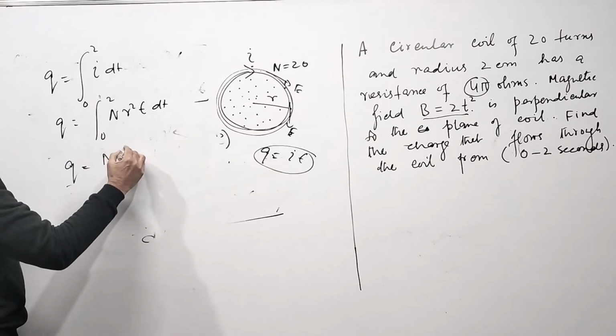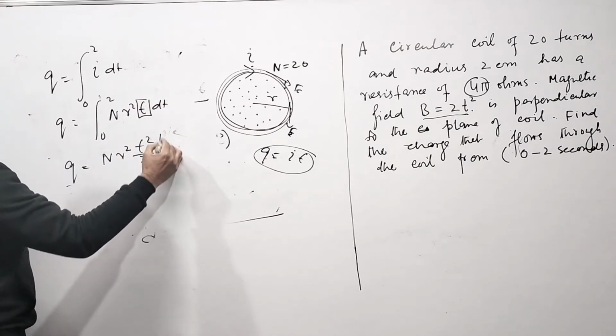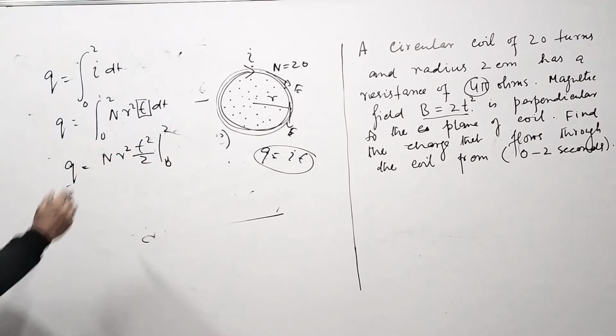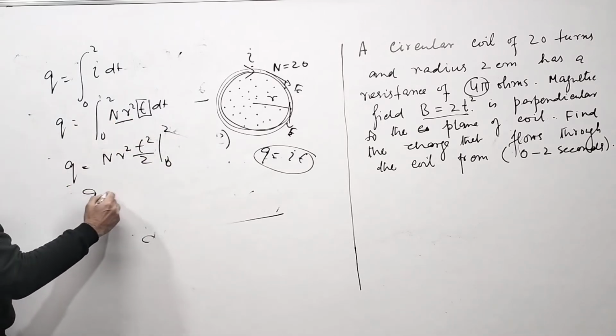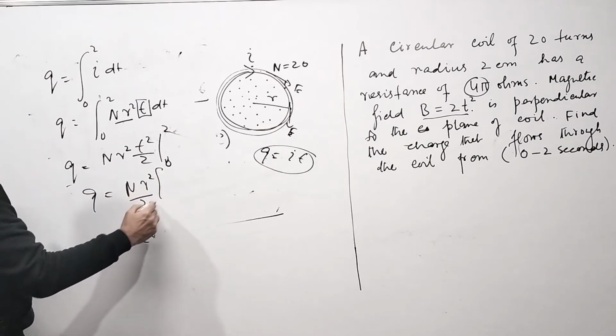N and R square come out, the integration of t will be t square by 2, from 0 to 2, because constants will come out. So what is Q? That is N R square by 2.